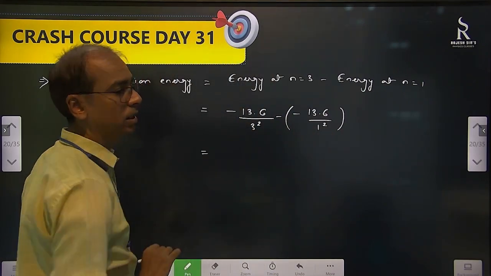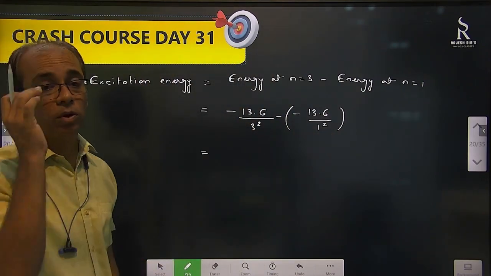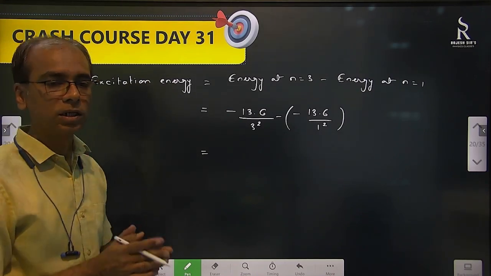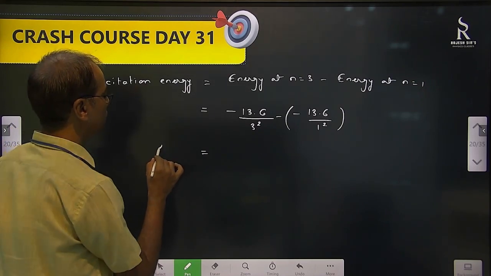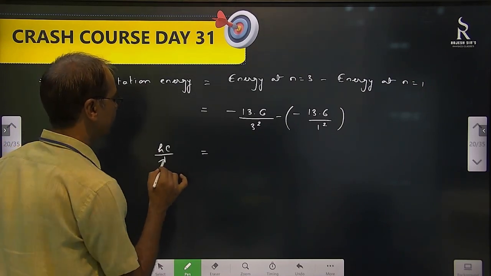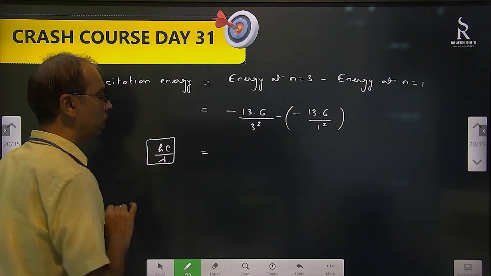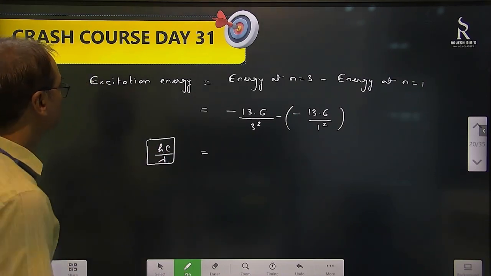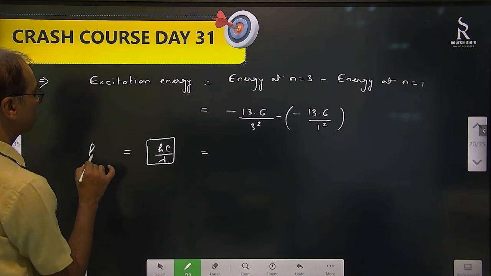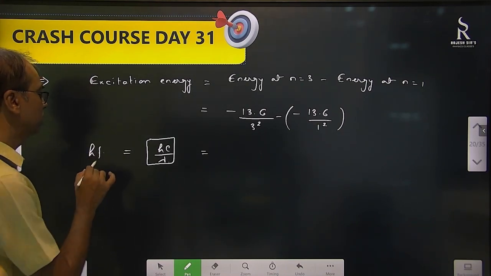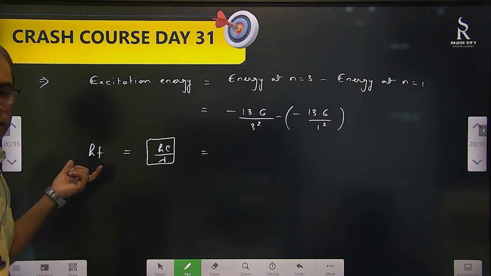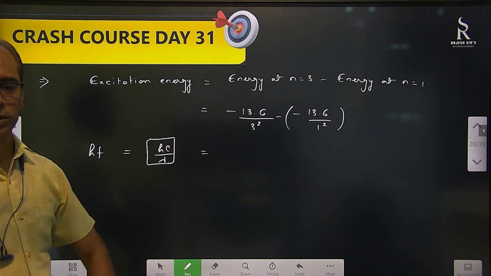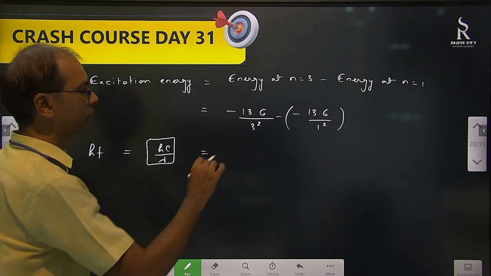So this is the energy in eV. Now if I want to find the wavelength corresponding to this energy, I have to equate this with hc by lambda, the energy of the photon in terms of lambda, or equate it with h into frequency. This is how the energy of a photon is written, either h nu or hc by lambda. This is equal to this. Okay. Now what are we getting here?